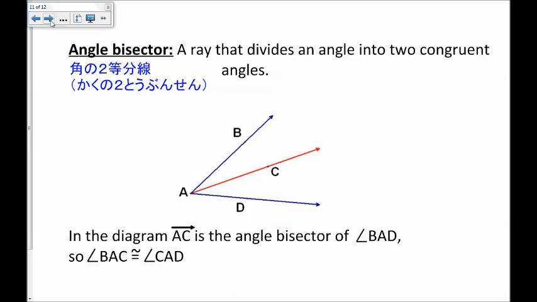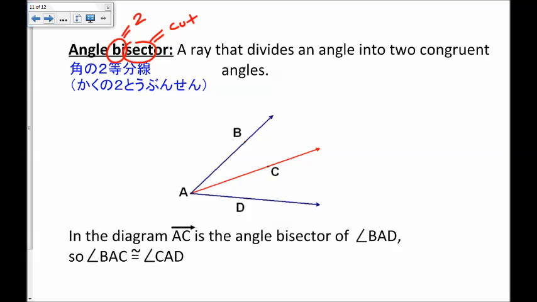The last important vocabulary word is angle bisector. Bisect means, bi means two. Like a bicycle has two wheels. Sect means to cut. You make a section. A sector. So to bisect means to cut in two.